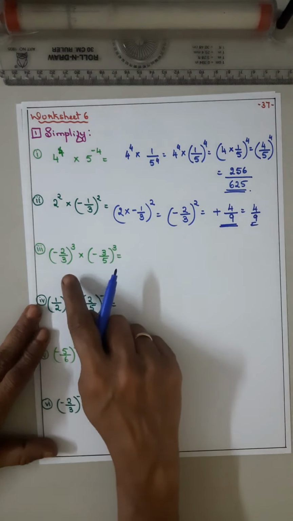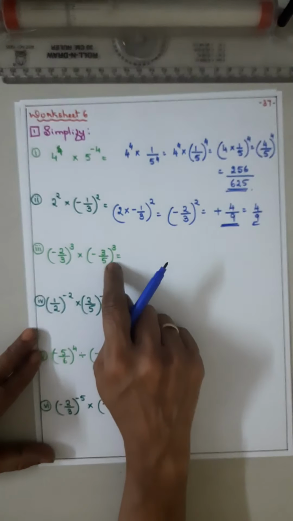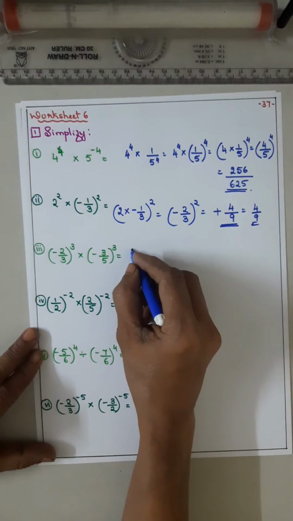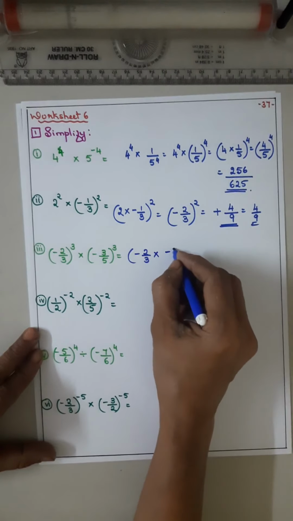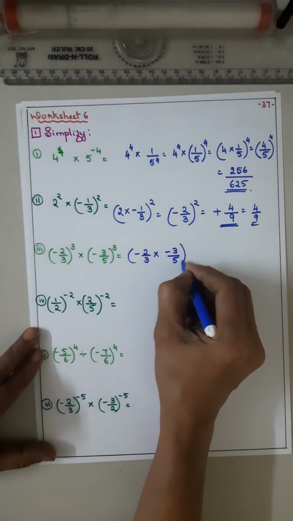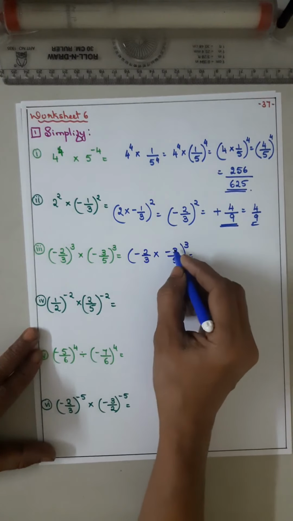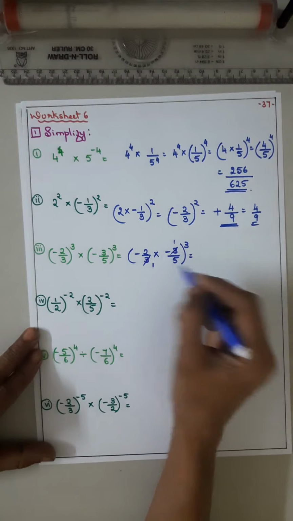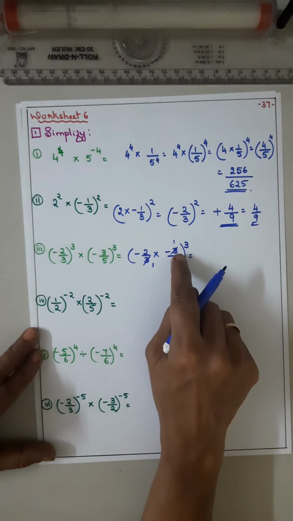Now coming to the third. The powers are the same but the bases are different. So multiply (minus 2 by 3 into minus 3 by 5) the whole raised to 3. It becomes 3 ones are 3, 3 ones are 3. But now minus minus, isn't it?